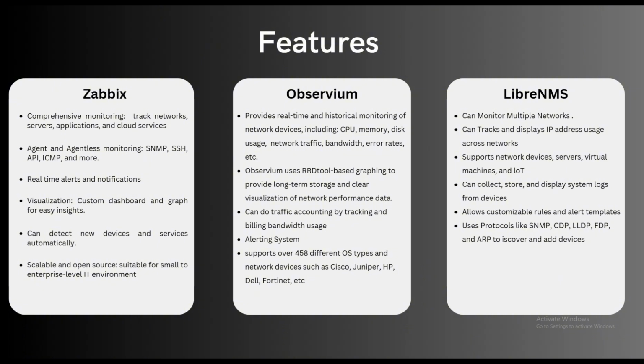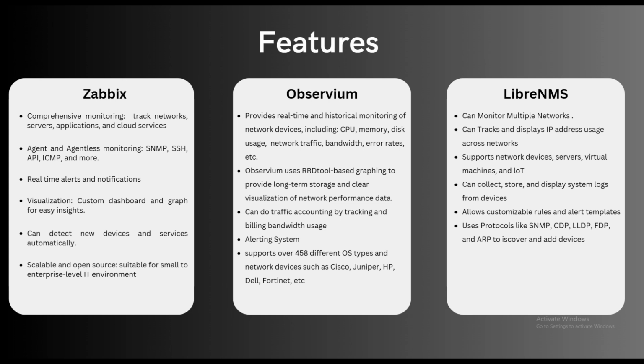It also provides real-time alerts and notifications and also custom visualization. It can also detect new devices and services automatically, and it is highly scalable and open source, which is suitable for small to enterprise level IT environments.